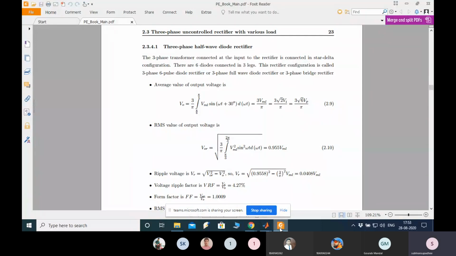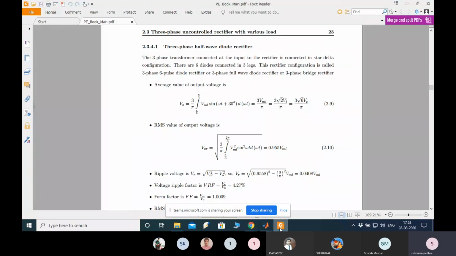Whenever you compute it, you will find 3√6 Vp divided by π. Similarly, the RMS voltage will be the square root of the average of the squared voltage, with the definite integration from π/3 to 2π/3, and you will get 0.955 Vml.